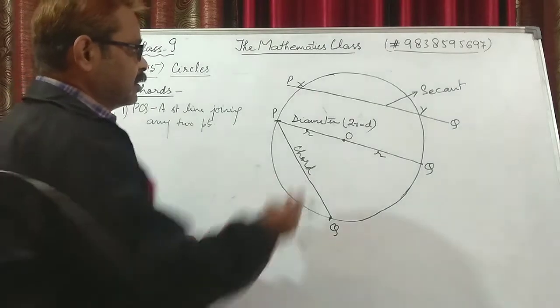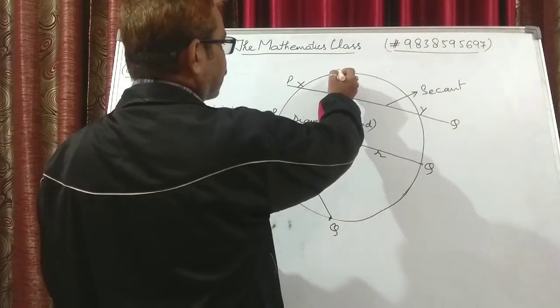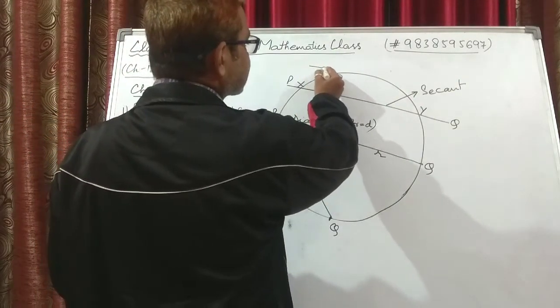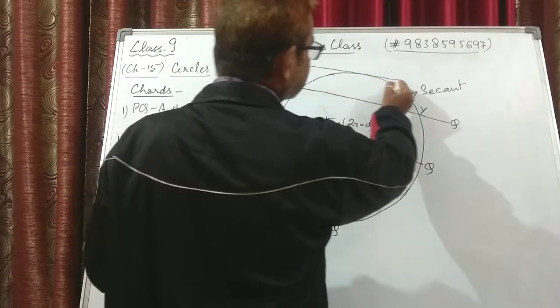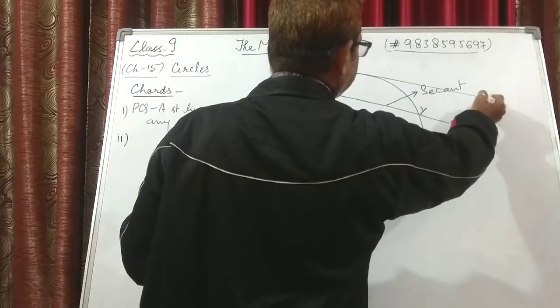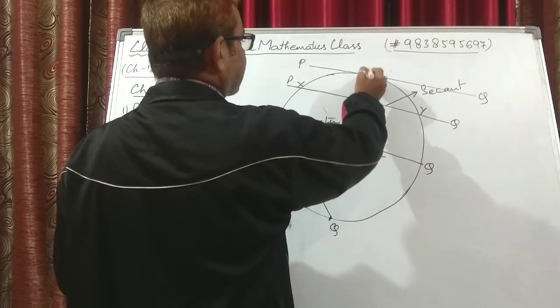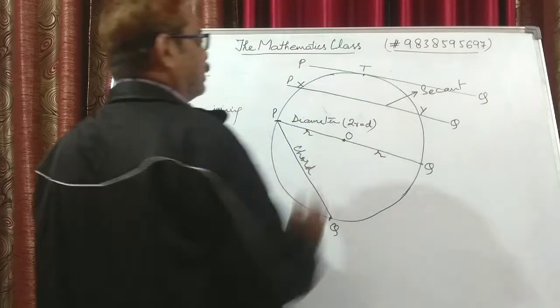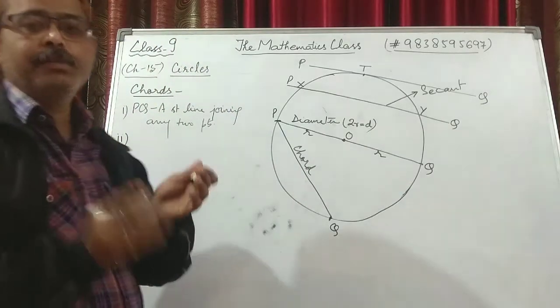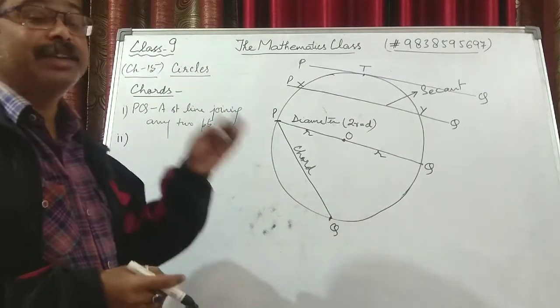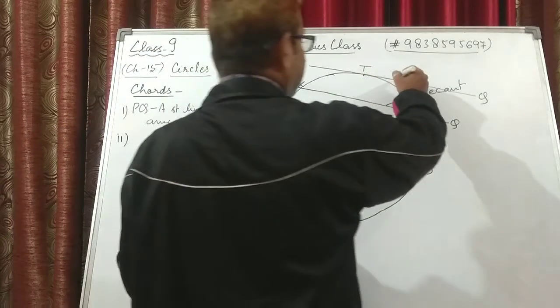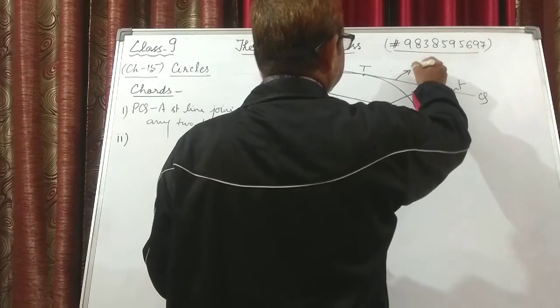Suppose I take this PQ outside of the circle and I draw a line something like this, which is just touching the circle at one point. This is PQ, and let us say it is touching the circle at a point T. Then this PQ will be known as tangent to the circle.